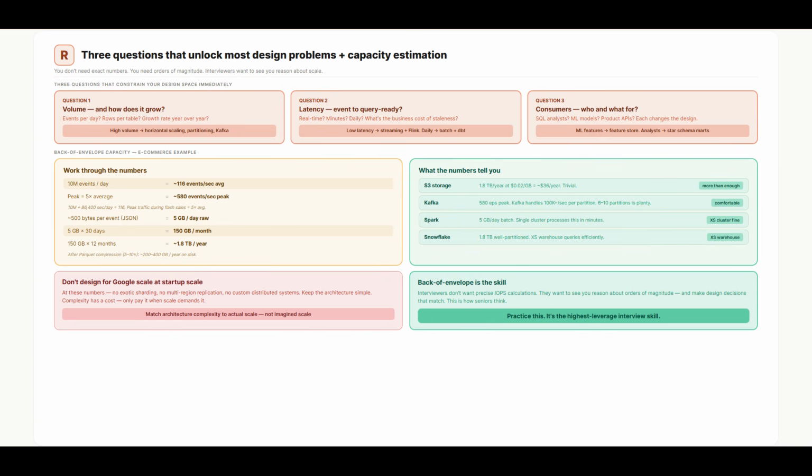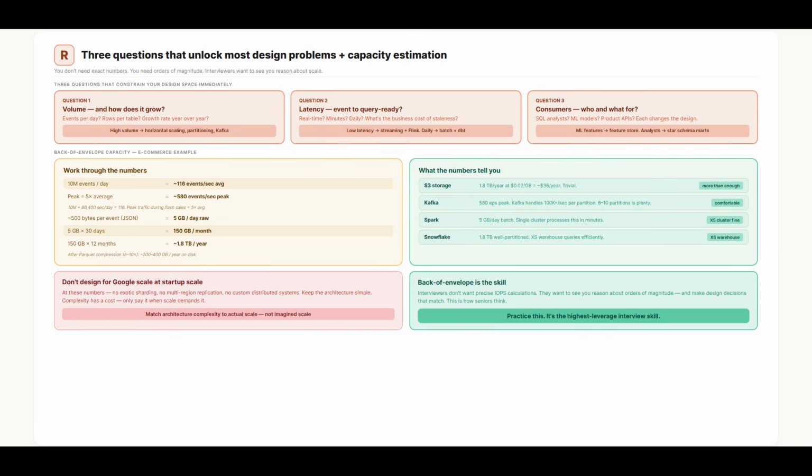That tells you S3 is more than sufficient for storage at pennies per gigabyte. Kafka with 6 to 10 partitions handles 580 events per second comfortably. Kafka can handle hundreds of thousands per second per partition. A single Spark cluster can process 5 gigs in minutes. Snowflake's extra small warehouse can query a 1.8 terabyte dataset efficiently if it's partitioned well.